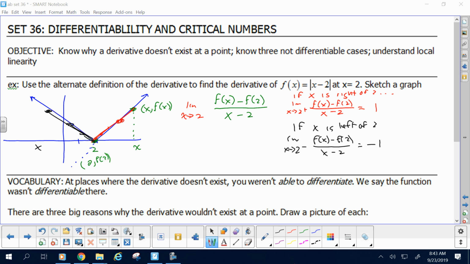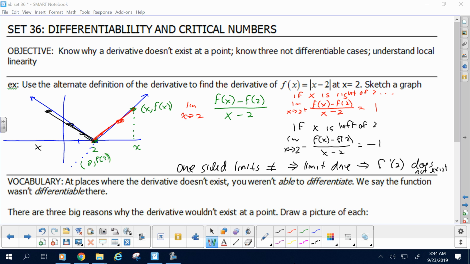comes out to be negative. What happens when you do a limit and the one-sided limits don't agree? One-sided limits not equal, then what? The limit doesn't exist. Well, in this case, the limit represents the derivative. And so if the limit doesn't exist, that implies f prime at 2 does not exist. I can't say, hey, what's the slope at 2 because I'm getting two totally different things. On this side, it looks like it's 1.